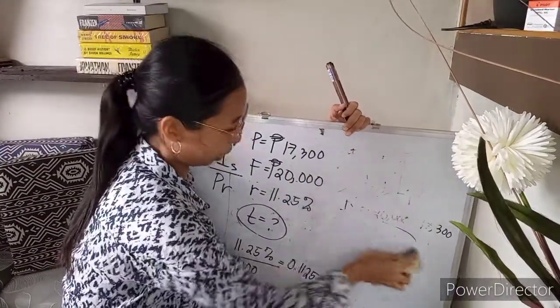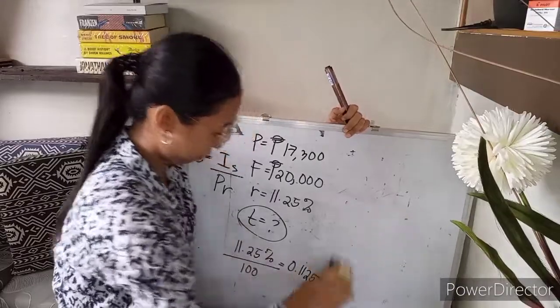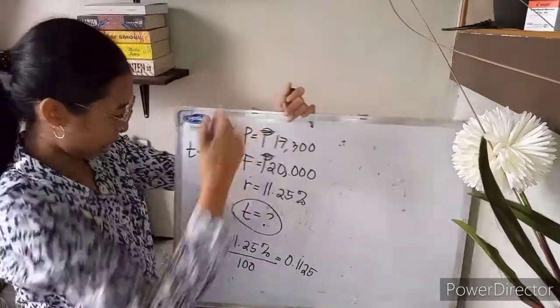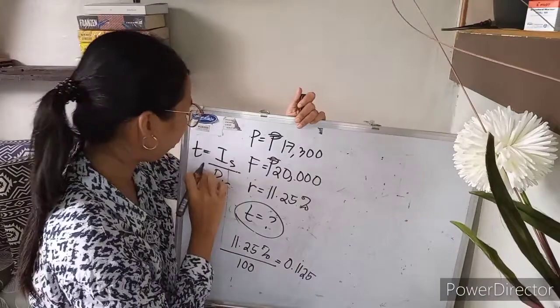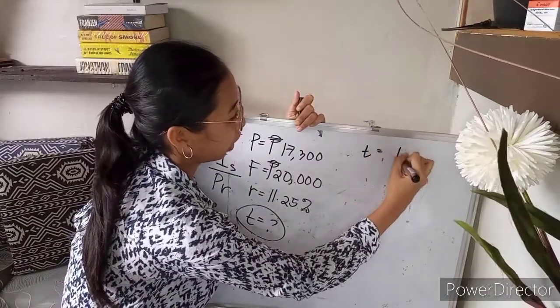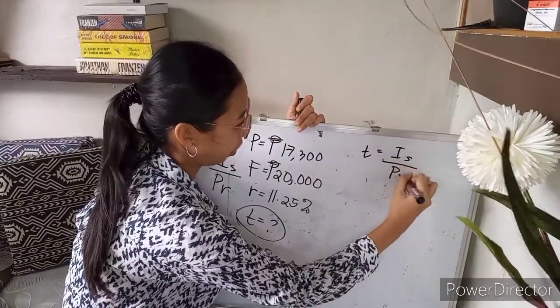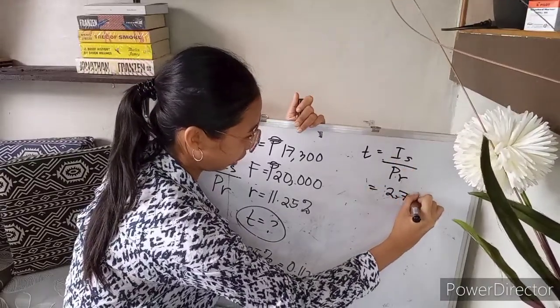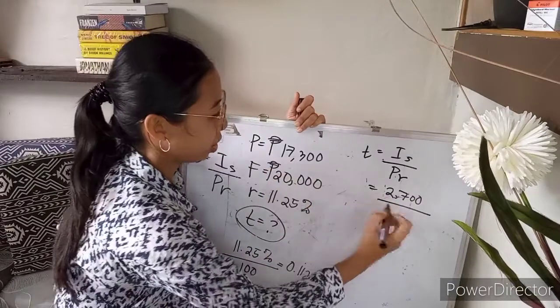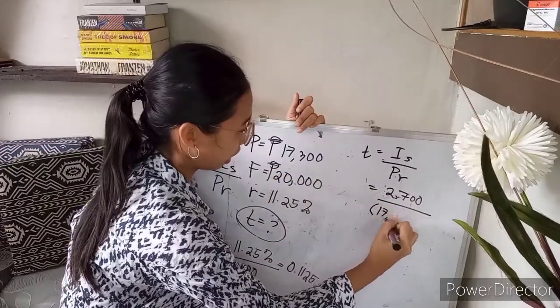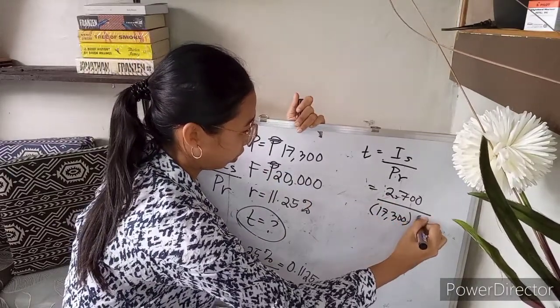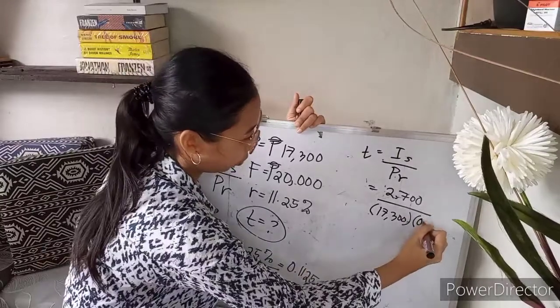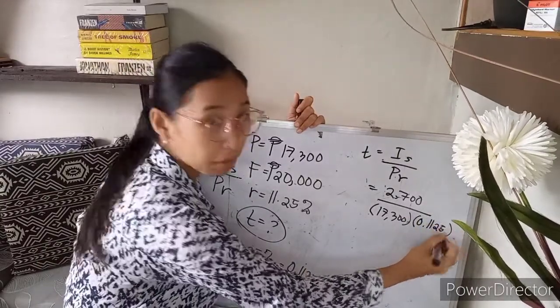So, gamiton na nato ang given. Sige. So, atong gamiton na formula is kanina. T is equal to I_s over PR. Our I_s kanina is 2,700. I-divide na ni sa P times R. R is 0.1125. Kita ba?